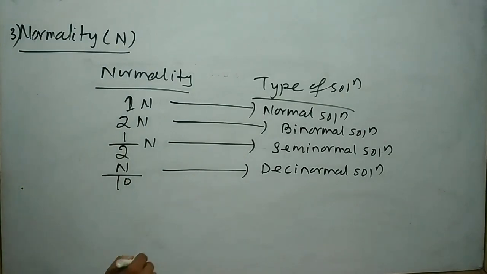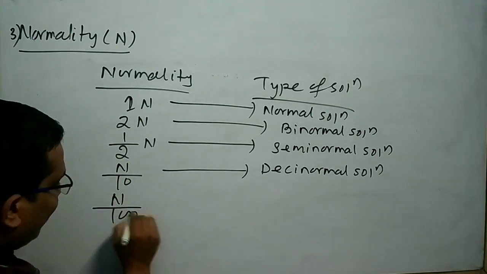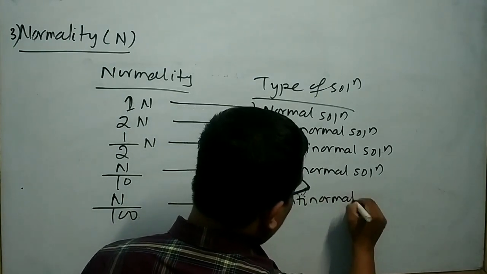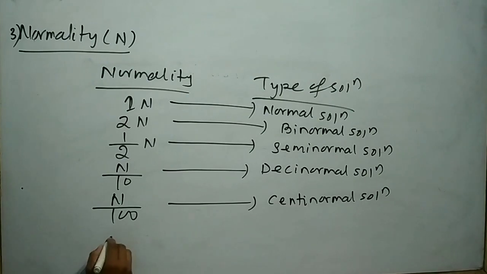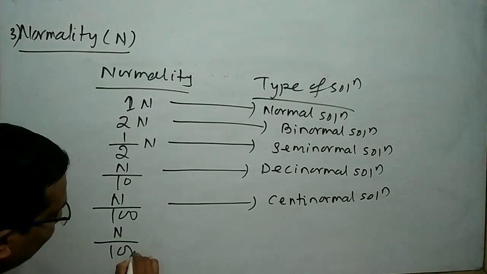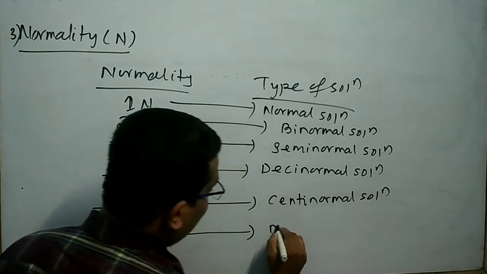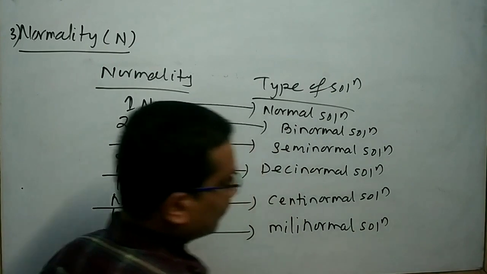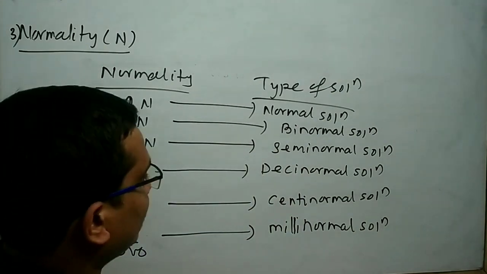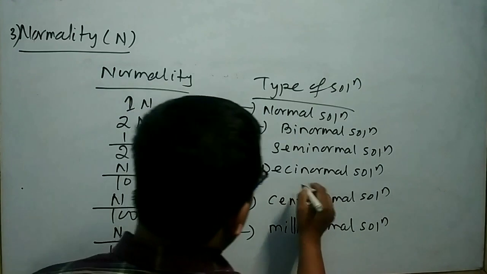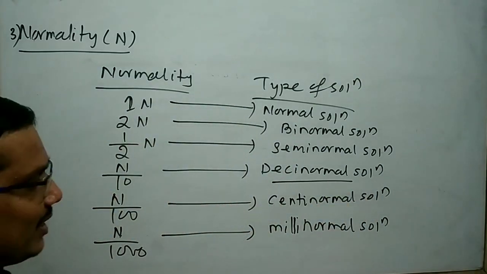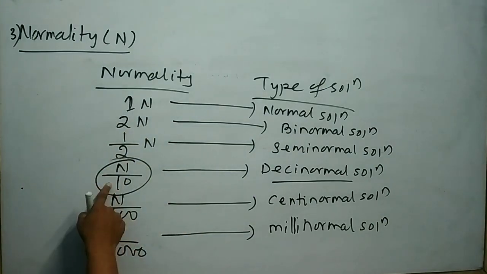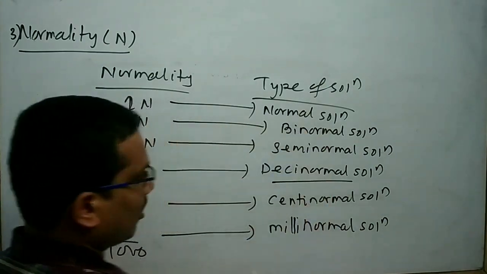If N by 100, it is a centi-normal solution. If N by 1000, it is a milli-normal solution. These are the important terms. Suppose in a problem a decinormal solution is given; that means we take the normality of the solution as N by 10. Like this, you can think about the other terms.